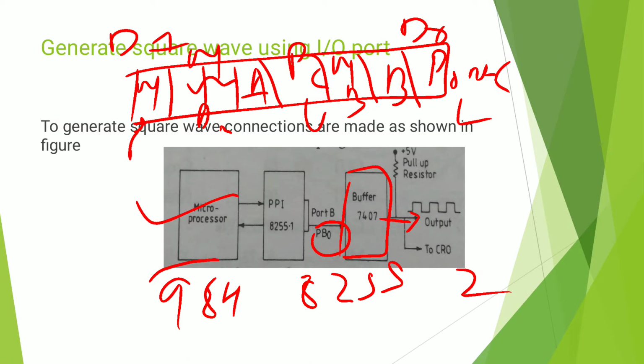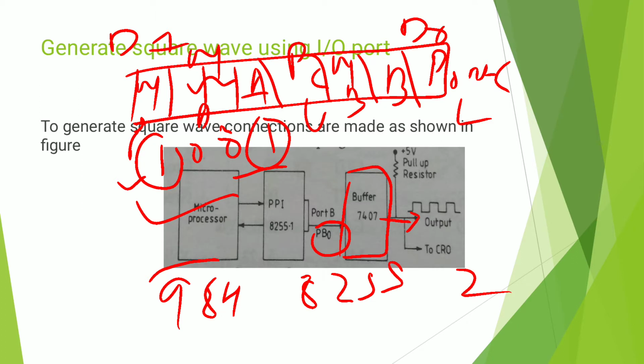Here we are considering the 98, means 1001. The mode set flag is set to 1 when port A, port B, port C are defined. So this bit is 1. This one is for port A. This 1 means port A acts as an input port.